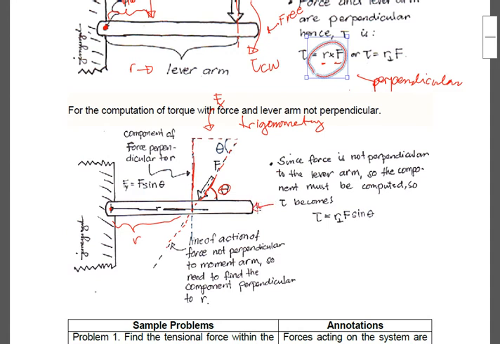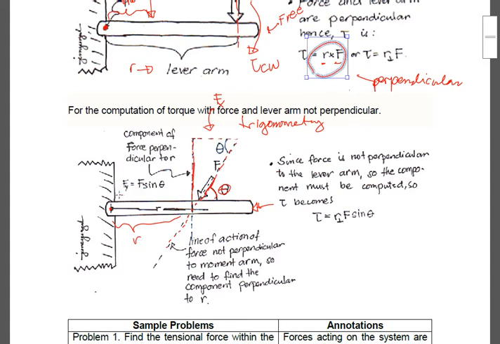If I push this one, of course, it will not cause any rotation, because this force is parallel to the moment arm. So it doesn't have any effect, and with that, we cannot define torque. The definition of torque requires that the force and the moment arm should be perpendicular.